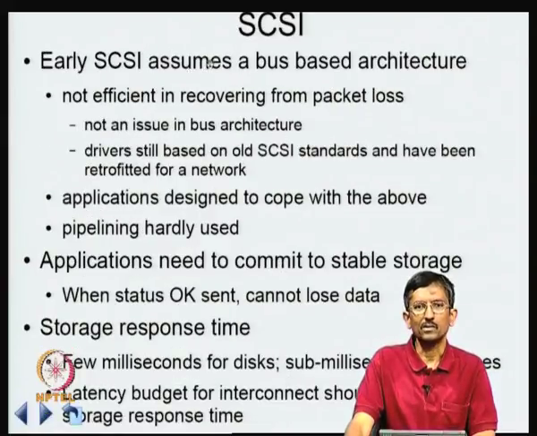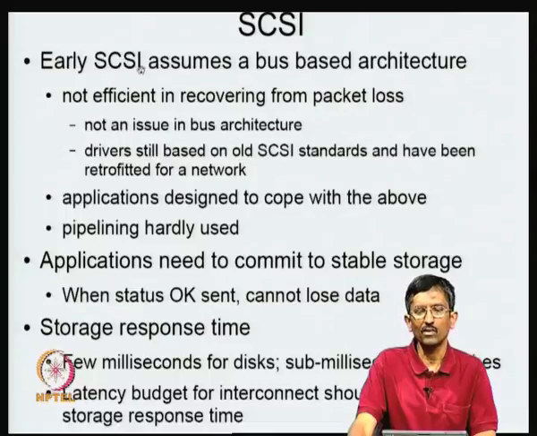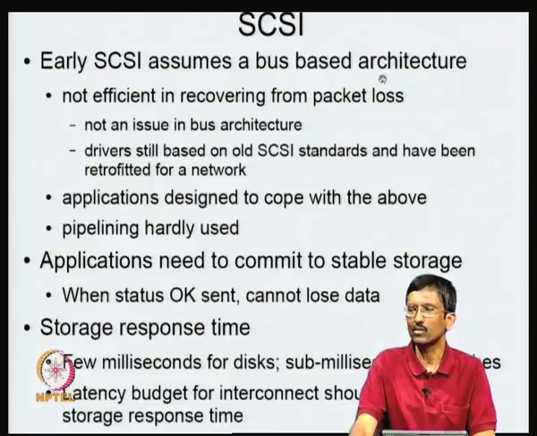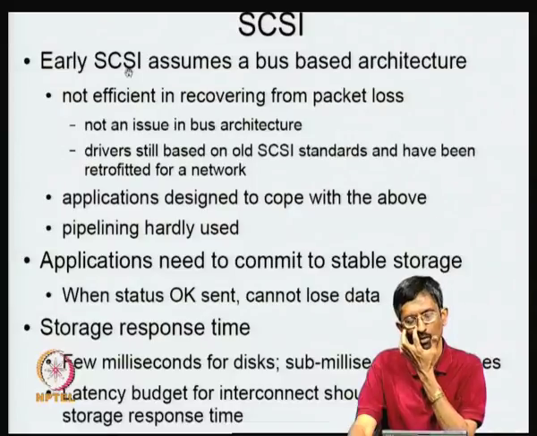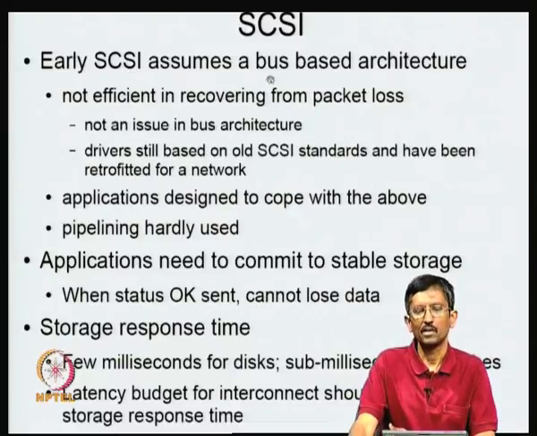If you look at the SCSI system, the early SCSI assumes a bus-based architecture. Again, going back to our previous classes, you notice that networks became really fast only post 1980s. So again, SCSI also came around at the same time, 1980s, but Ethernet was not very common those days.